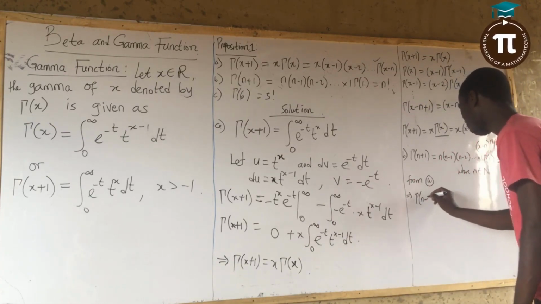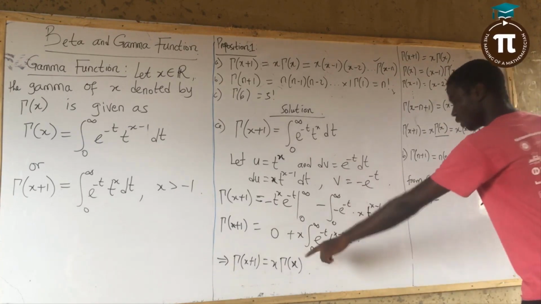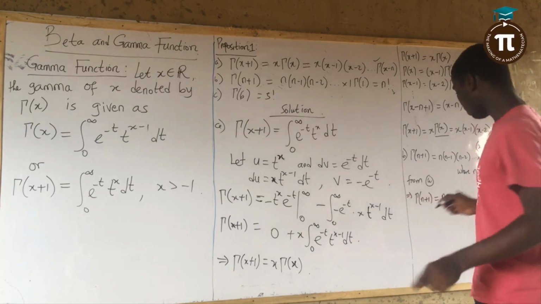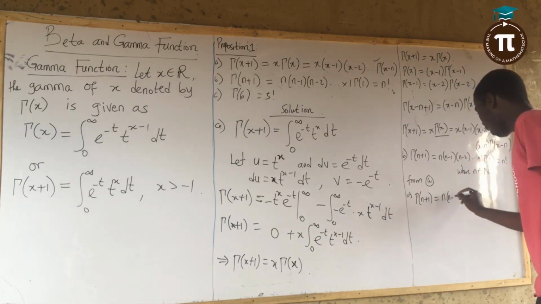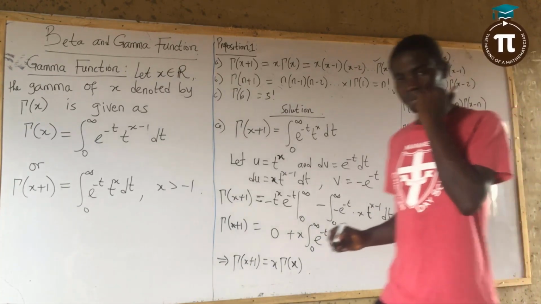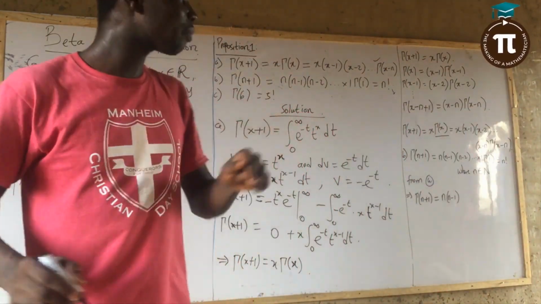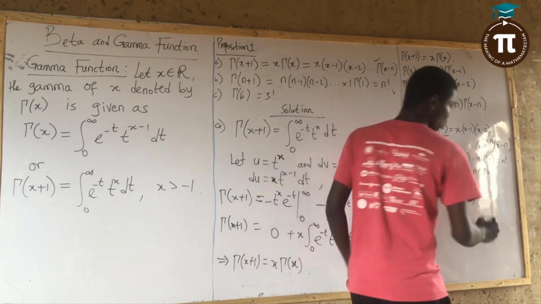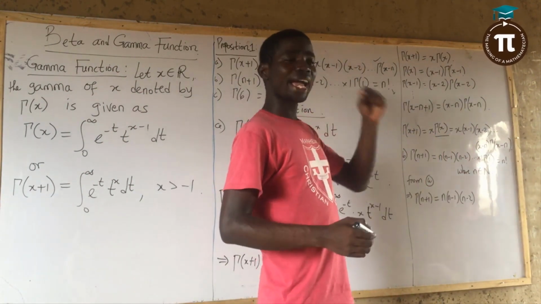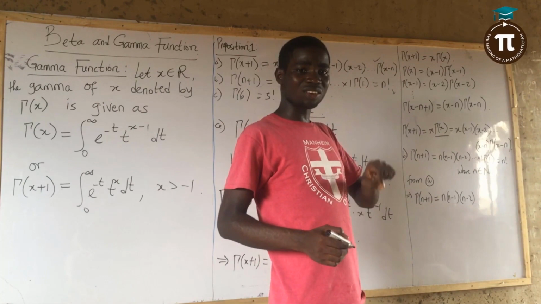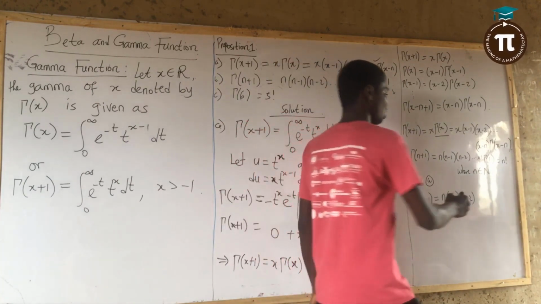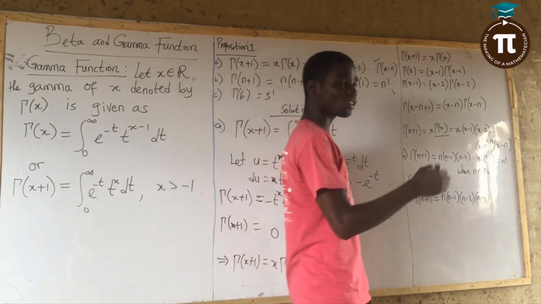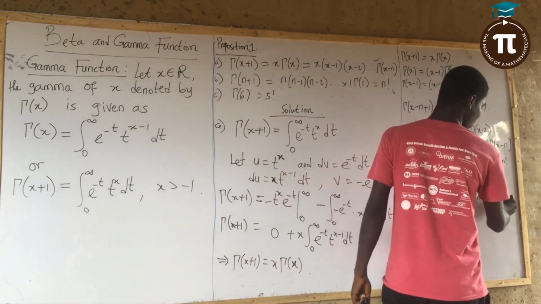I have Γ(n+1) = nΓ(n). Γ(n) will be (n-1)Γ(n-1). Γ(n-1) will be (n-2)Γ(n-2). Γ(n-2) is (n-3)Γ(n-3), and it goes on like that.